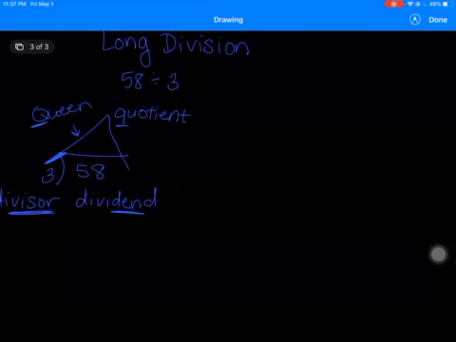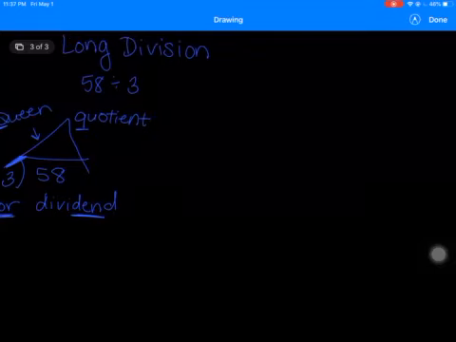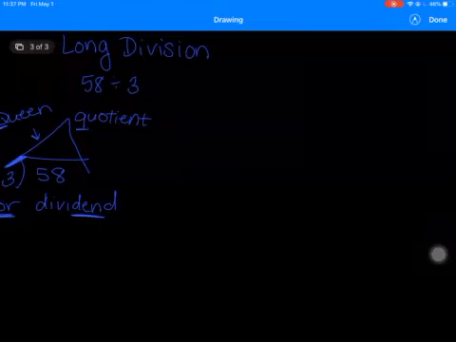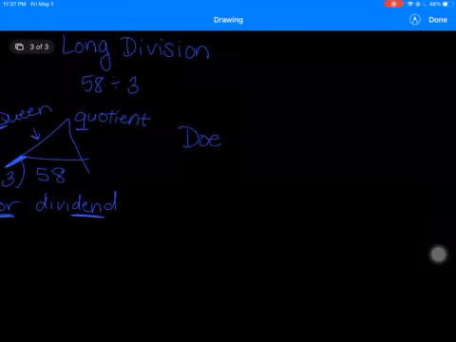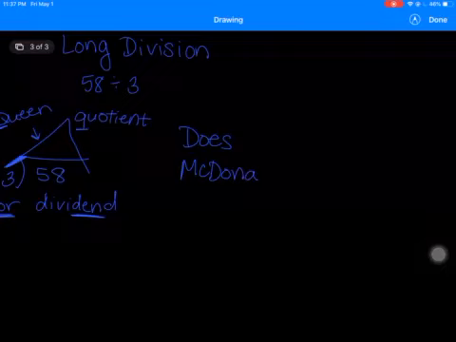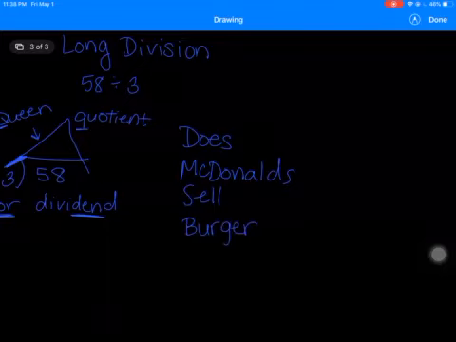Now, here's how I remember to do the steps. I always use this mnemonic device, which is, does McDonald's sell burgers with cheese?